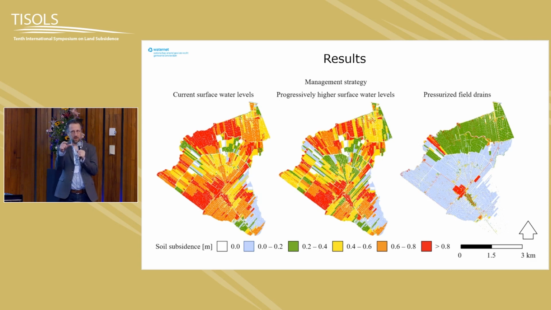And then there's a time series also taking into account the increasing temperatures of climate change. So that's how we calculate it. The red spot on the right hand side is a small village in which the field drains are not applied.